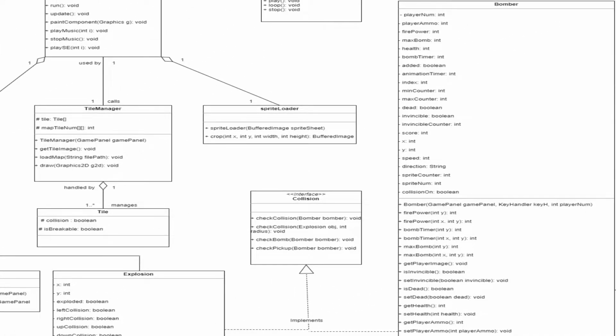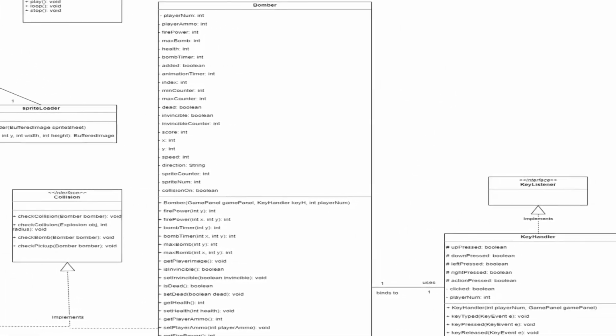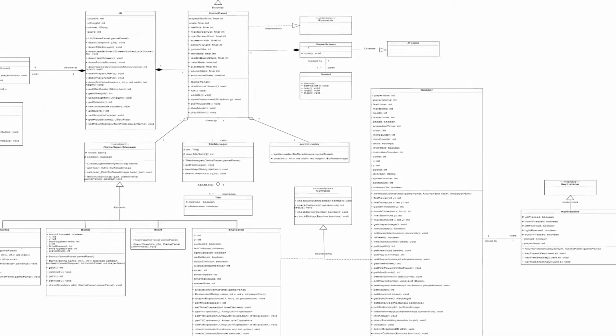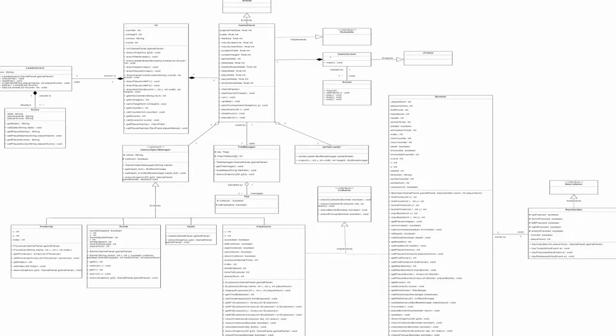The explosion class and the bomber class implement the collision interface, and then the key handler is bound to the bomber so that the bomber can move using the arrow keys. Key handler also implements the key listener interface. I'll now pass on my time to Brian, who will be explaining more about the encapsulation used in the program.